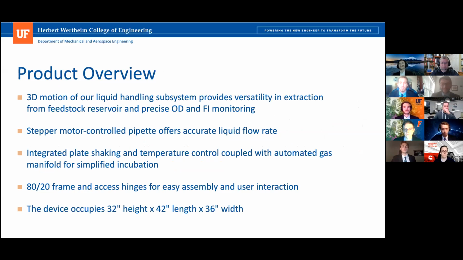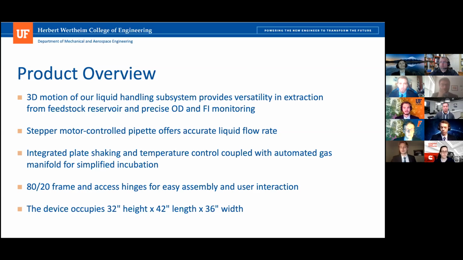Thank you, Josiah. Yeah, as Josiah mentioned, our goals were to process liquids and to create a monitored culture that we could control to the best of our ability. And the main function of our design is to process cells for microbiological testing, as well as perform experiments and collect data, and the data being optical density and fluorescence intensity, which is the OD and FI in the first bullet point.